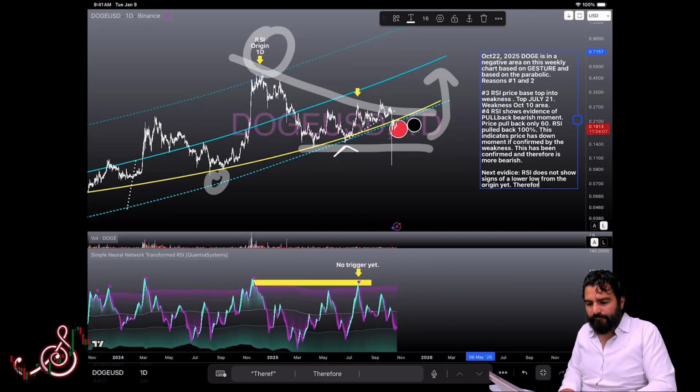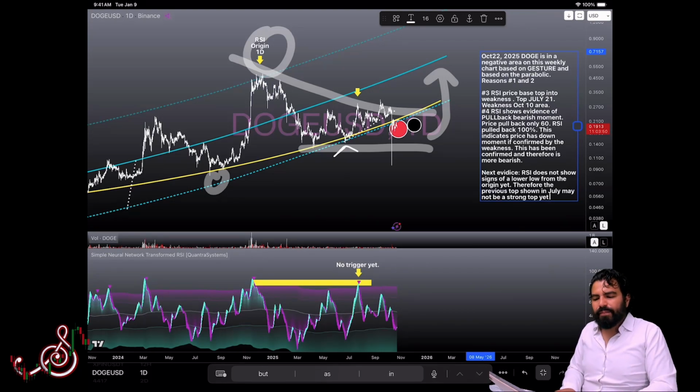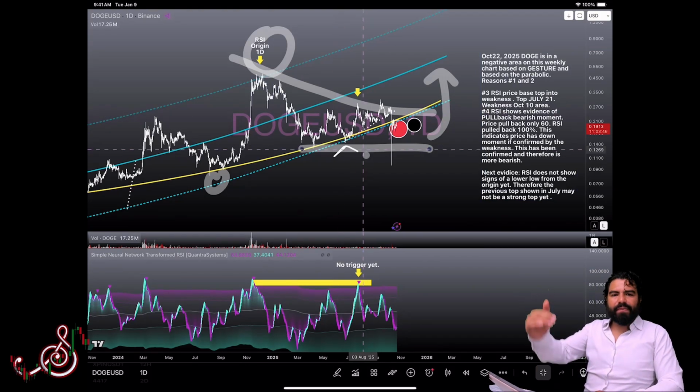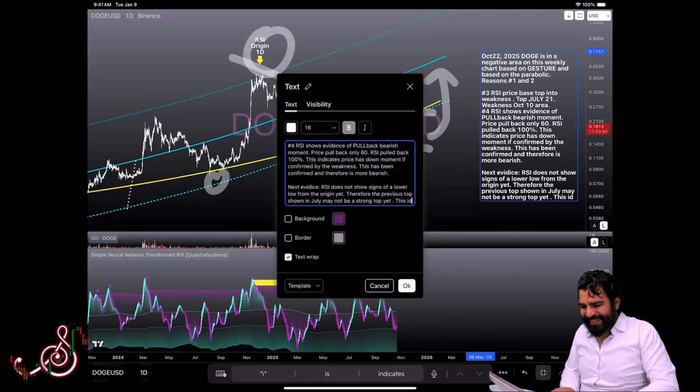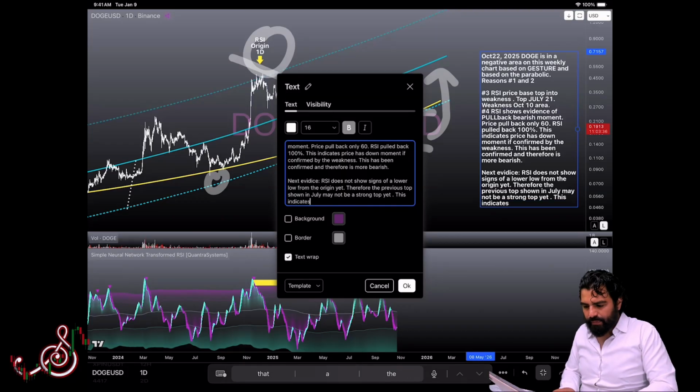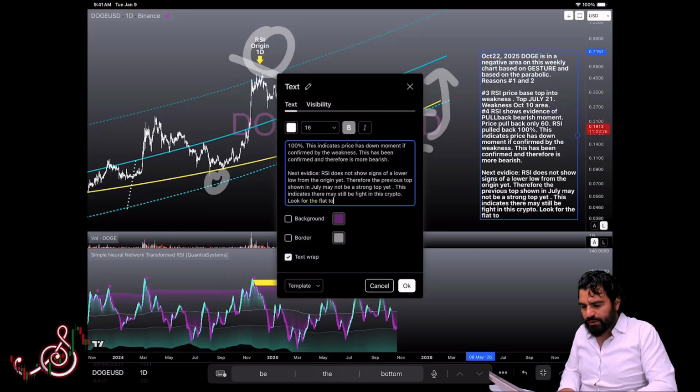Therefore, the previous top shown in July may not be a strong top yet. So therefore, we may still be looking to play flat. This indicates there may still be fight in this crypto. Look for the flat to hold, possibly.